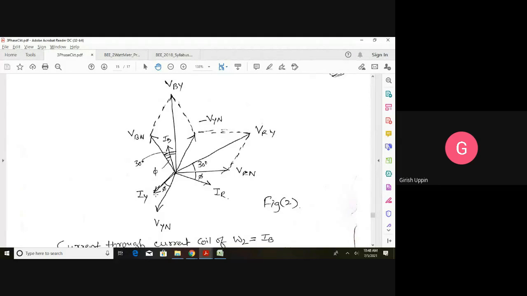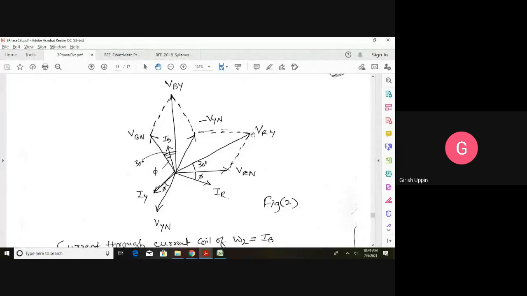Similarly, IY will lag by angle phi. Similarly, IB will lag by angle phi. So you have drawn the phase voltages, all the three phase voltages, and all the three phase currents. Now, what is VRY? We already know it is a phasor sum of VRN and minus VYN. If we add these two, we get the VRY.